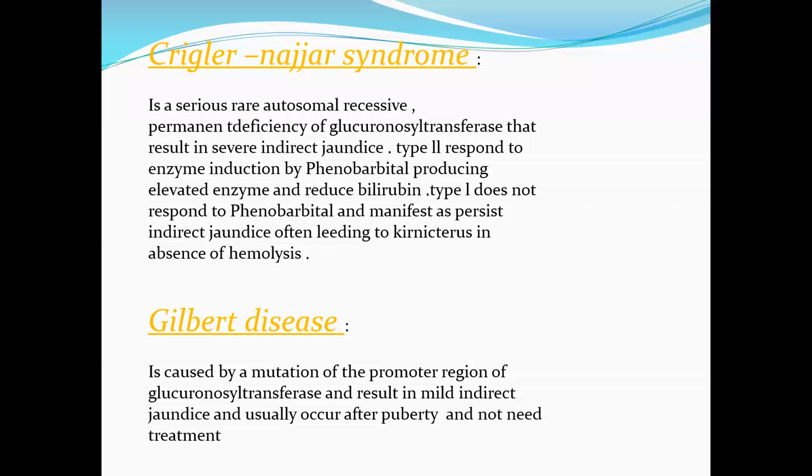As a general idea, we have a lot of hemolysis in the presence of indirect bilirubin, but if the evidence indicates absence of hemolysis, we think about Crigler-Najjar. Other conditions that give us indirect, of course later on, not in the newborn in most cases, is Gilbert disease.